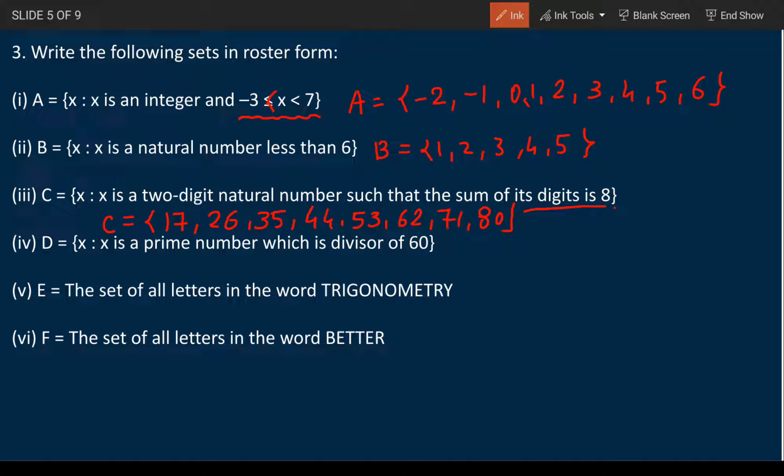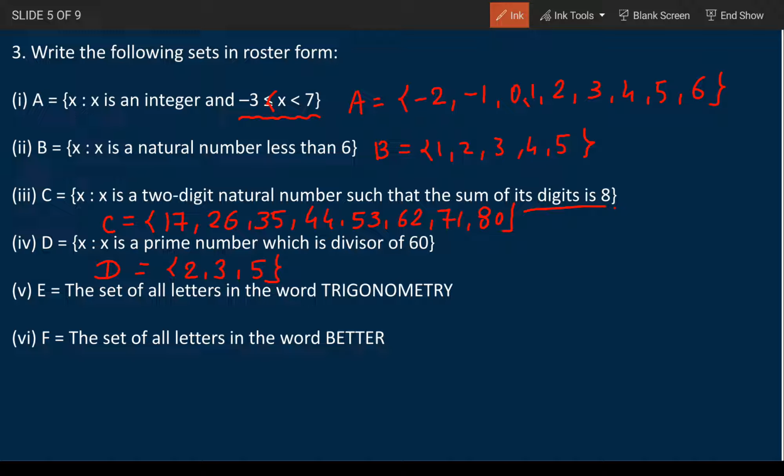D equals {x : x is a prime number which is a divisor of 60}. So prime numbers which are divisors of 60 means D has elements 2, 3 and 5.